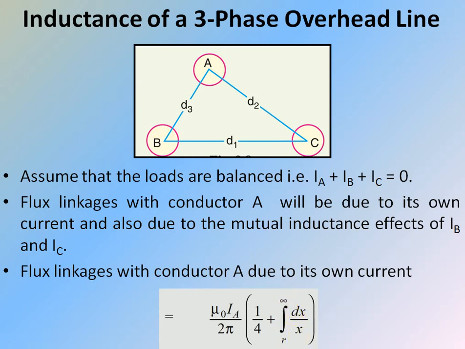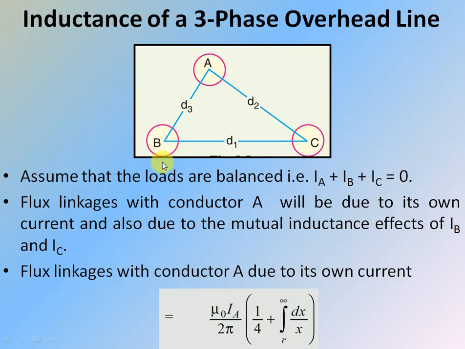Next we have to determine the external flux linkage due to the current flowing through conductor B and conductor C. From the standard relation of the external flux linkage which we have obtained from the previous video session, the relation for external flux linkage due to the current which is flowing through this conductor B can be written in the standard form as μ0 Ib by 2π integral r to infinity dx by x.